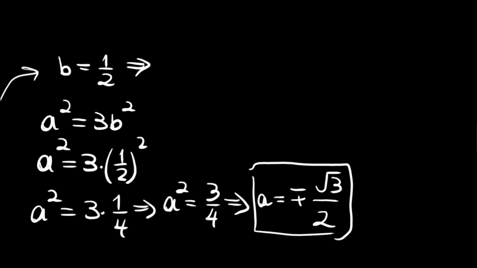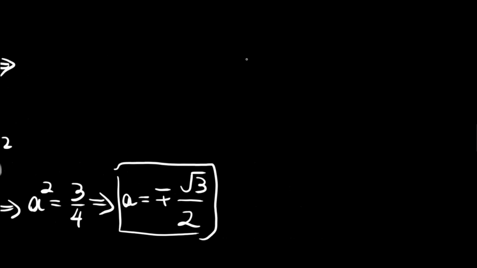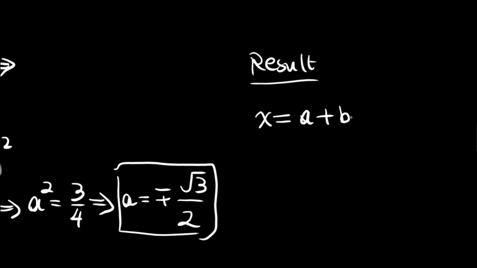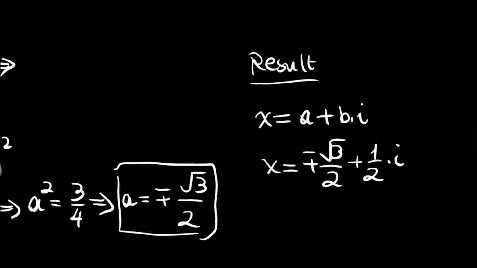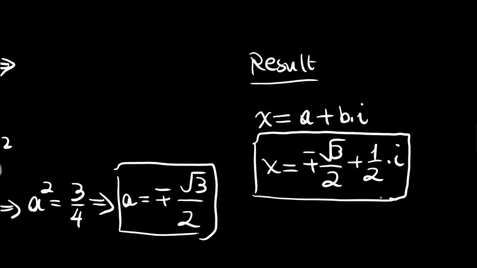Whether positive or negative root 3 divided by 2, and b is equal to 1/2, then the result here is x is equal to a plus bi, that is x is equal to plus or minus root 3 divided by 2 plus 1/2 times i. And these two are the other roots to our original equation, x cubed equal to i.